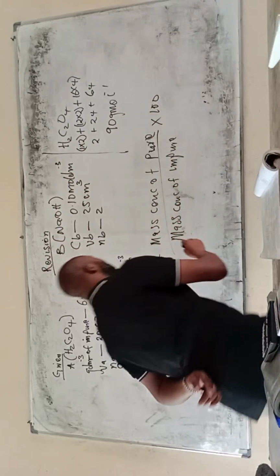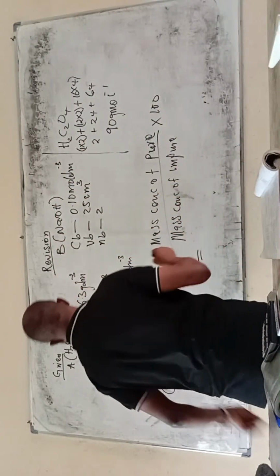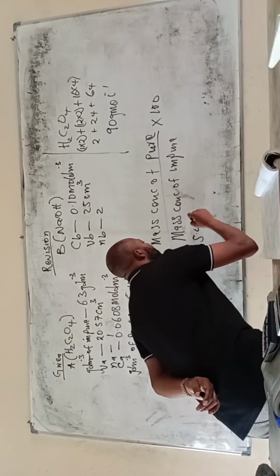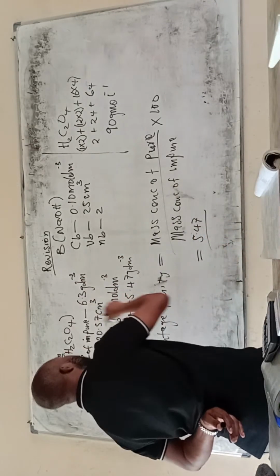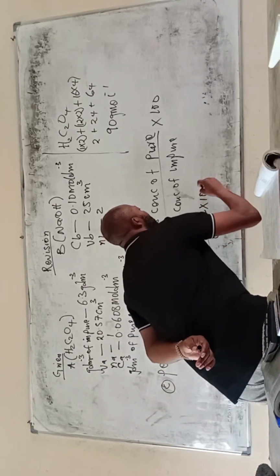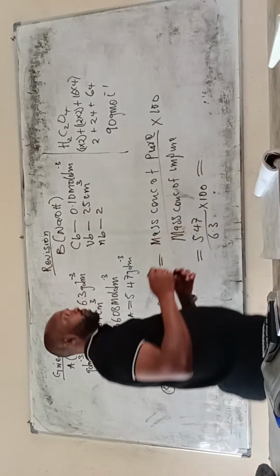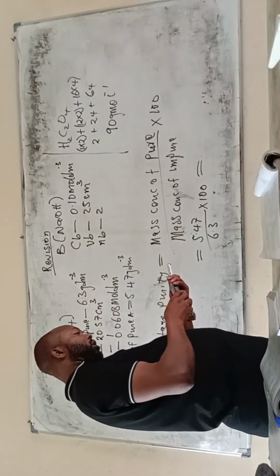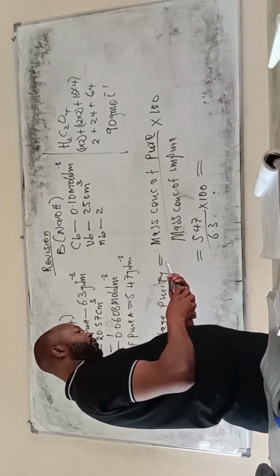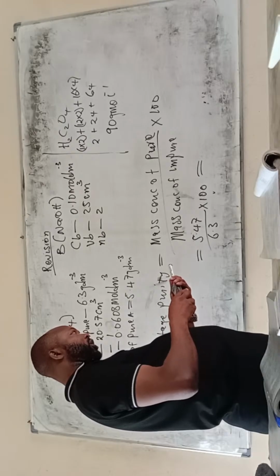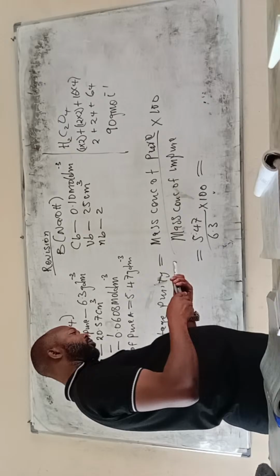Now the mass concentration of pure is 5.47. That of impure is 6.3. 6.3 times 100. And this all is equal to 5.47 divided by 6.3 times 100.